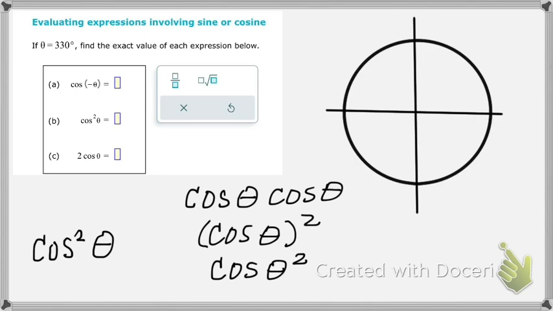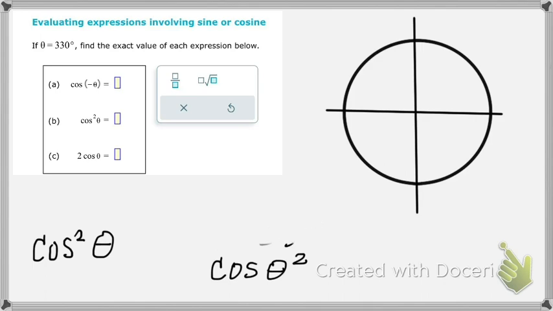So in order to prevent that ambiguity from occurring, this is always written like this, and it is read as cosine squared theta. And it simply means cosine theta times cosine theta. And there's no risk of ambiguity. So that's why it's written like that.